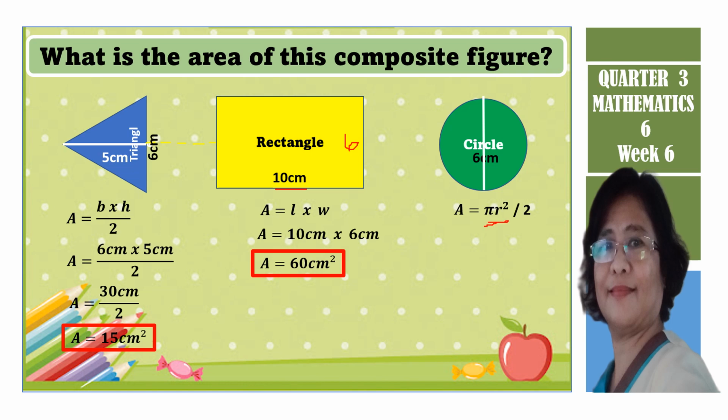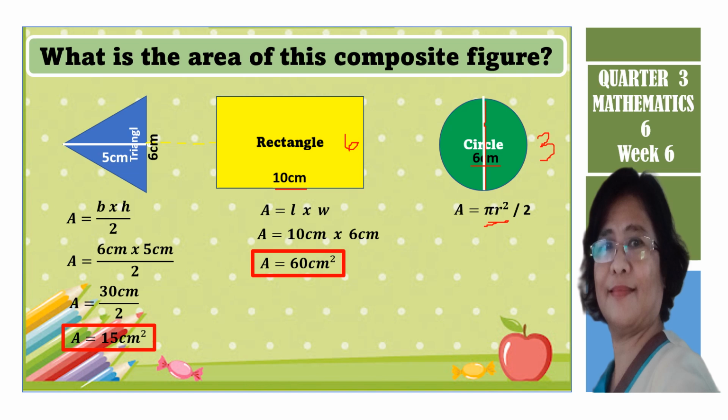So you should convert this diameter into radius. Radius is half of the diameter. Since the diameter here is 6 cm, what is half of 6? Very good, 3. So our radius here will be 3 cm.